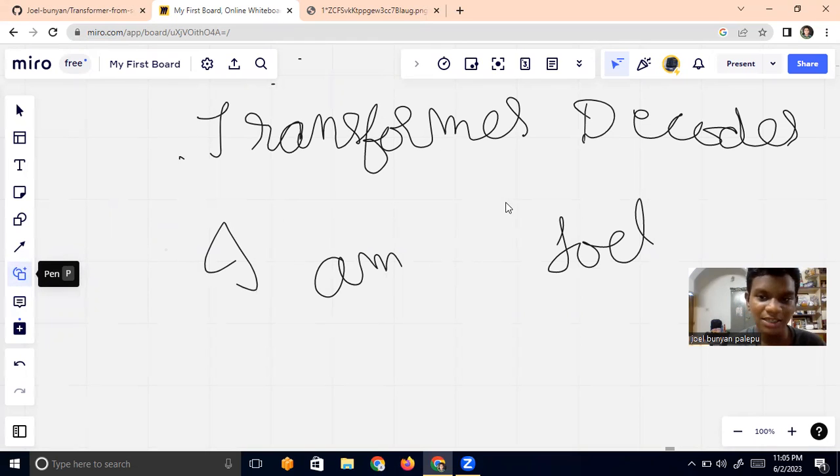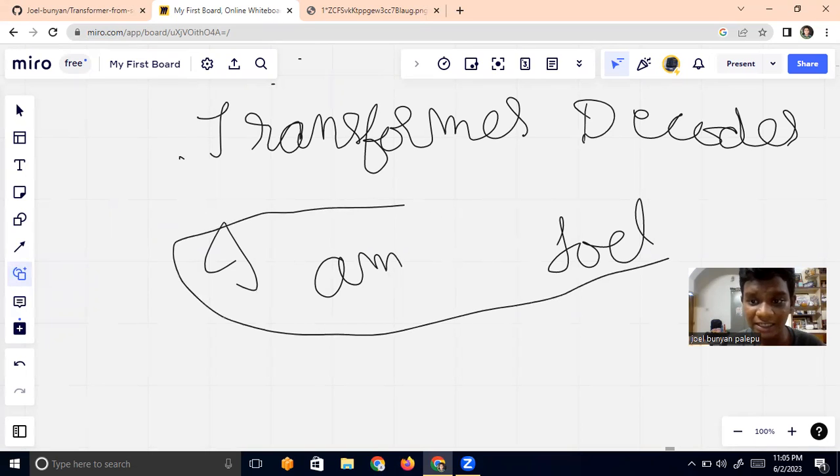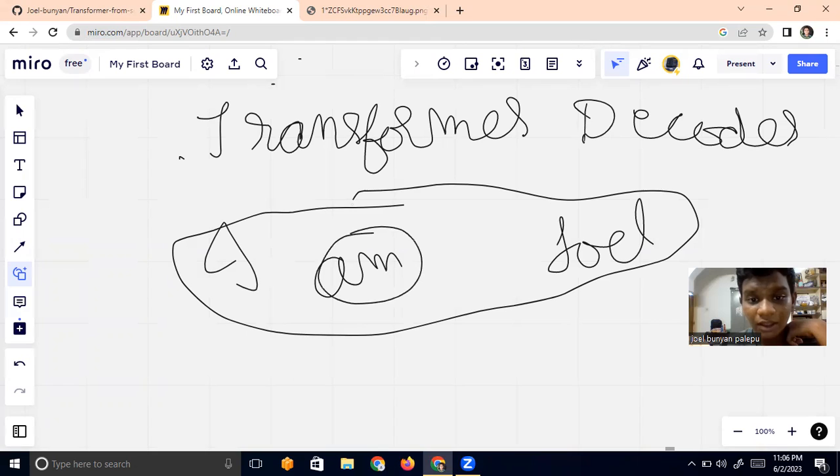Let's say this is the sentence that the model should generate. In the target, we have this training data, the actual answer, the output that the model is required to generate. Let's say the model wants to predict "am". So we only want to input the model with "I" only, right?